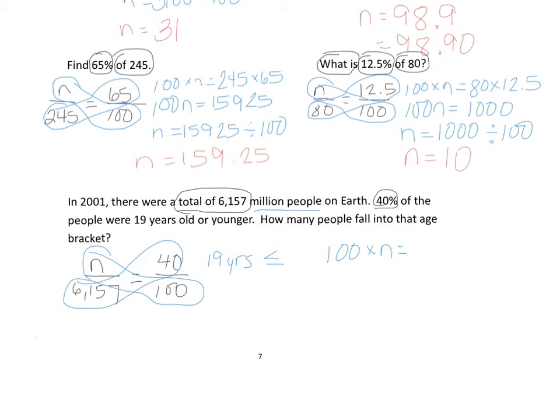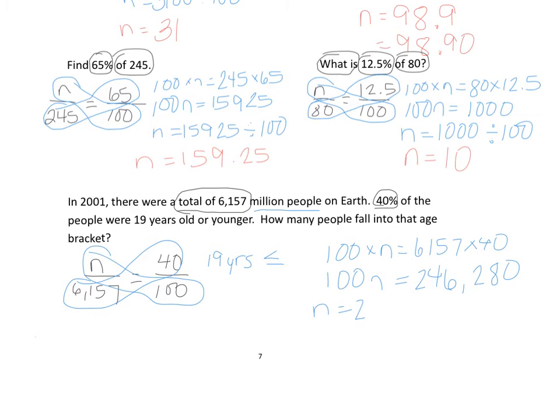100 times n equals 6,157 times 40. 100 times n is 100n. And 6,157 times 40 is 246,280.